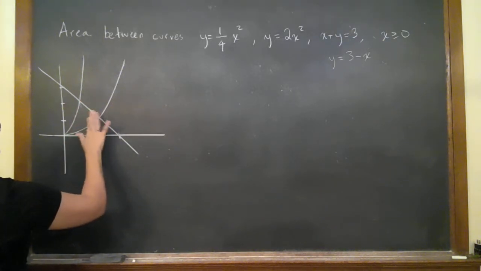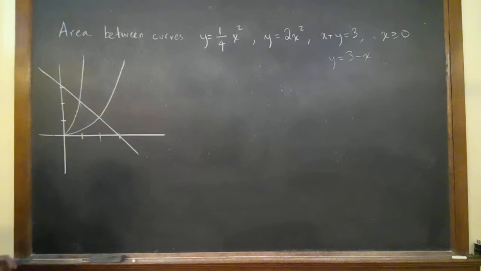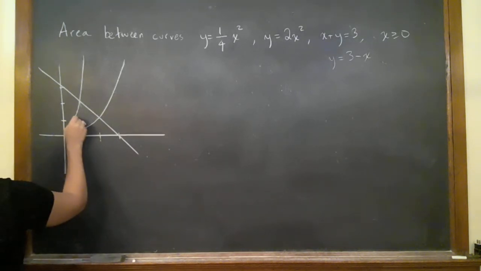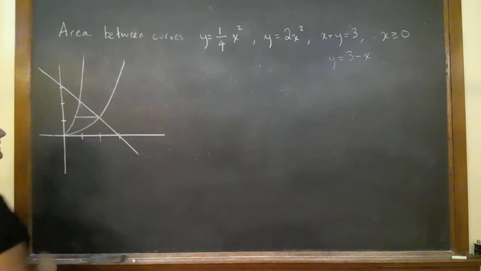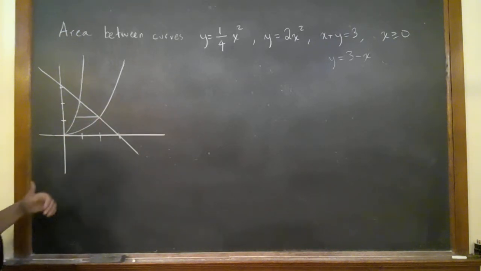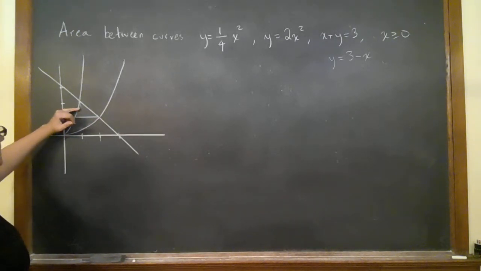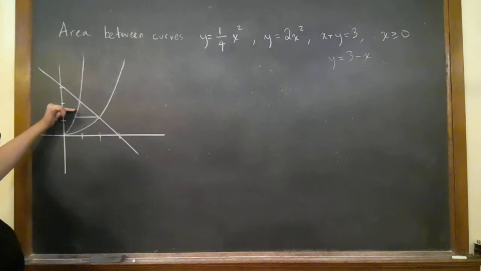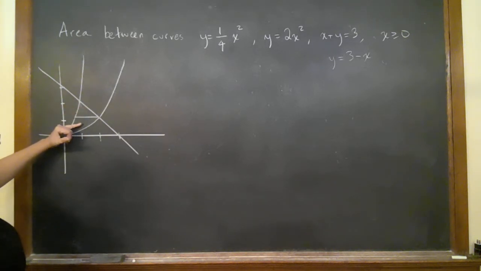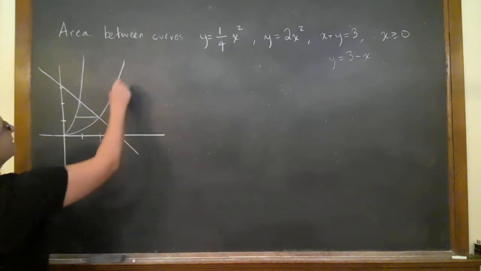My second option, though, if I want to do this with respect to y, I would break it up like that. So on my top region, I'd be doing this line minus this curve, and on my bottom region, I'd be doing this curve minus that curve. Okay, let me actually write what these curves are.